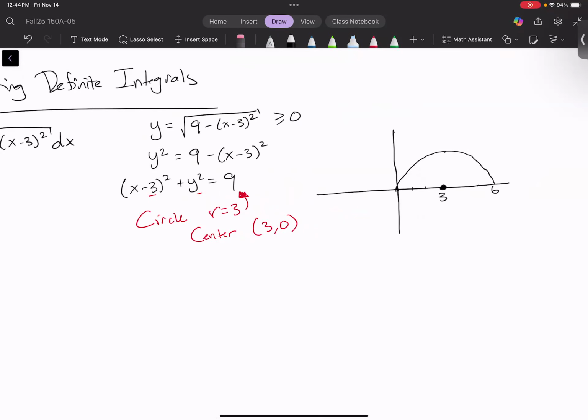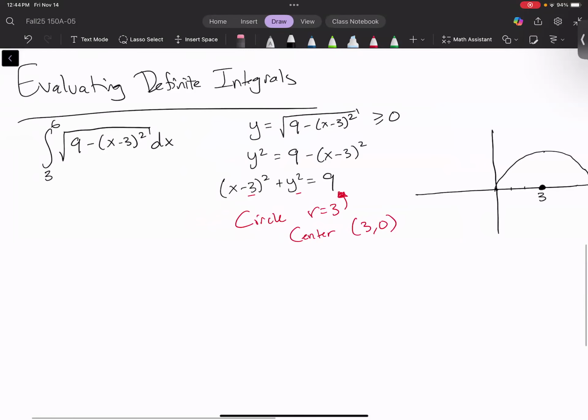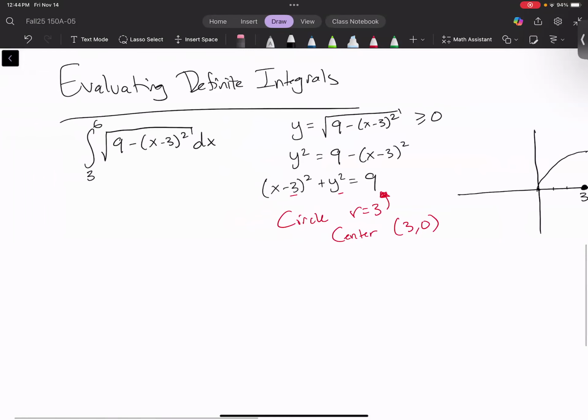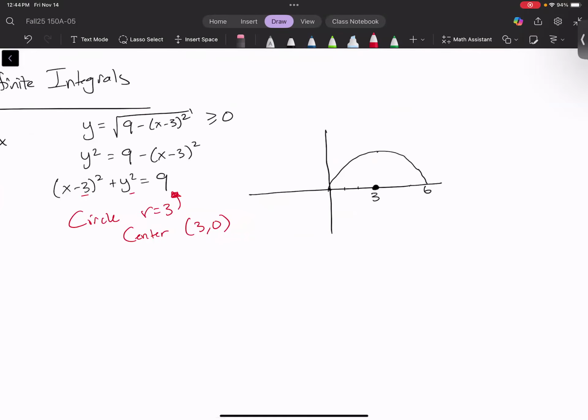So this is what the function looks like. Now we're only integrating on the bounds 3 to 6. Remember, this is the interval of my x coordinates, so x is between 3 and 6. I can see that right there. So this integral is asking for the area under this curve on the interval 3 to 6. What's the area of that? Well, we can do it geometrically.